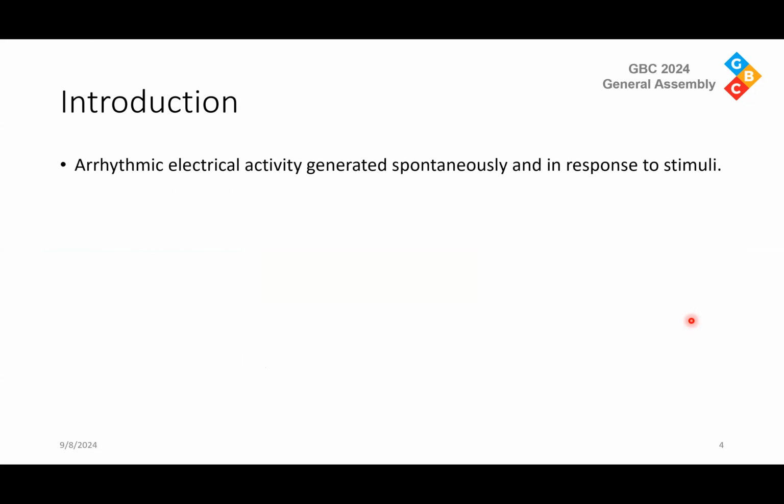And actually, the red line in the last page, the background spectrum, originates from the arrhythmic electrical activity, also called aperiodic activity, which may be generated in either resting state condition or in response to stimuli.